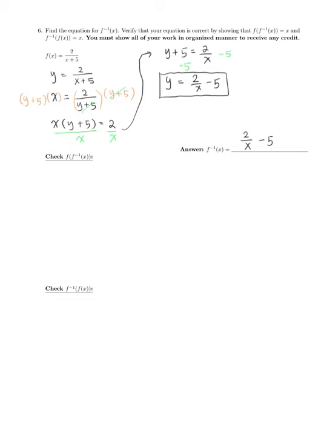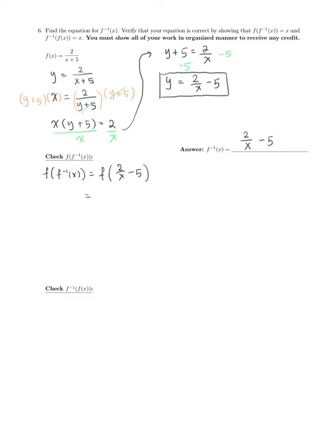Okay, now the verification. So we need to check f of f inverse of x, and we're hoping that's going to equal x, and then also f inverse of f of x, we're hoping that that's going to equal x. Okay, so let's check. All right, so we're going to have f of f inverse of x. So here you're going to have f of 2 over x minus 5, right?